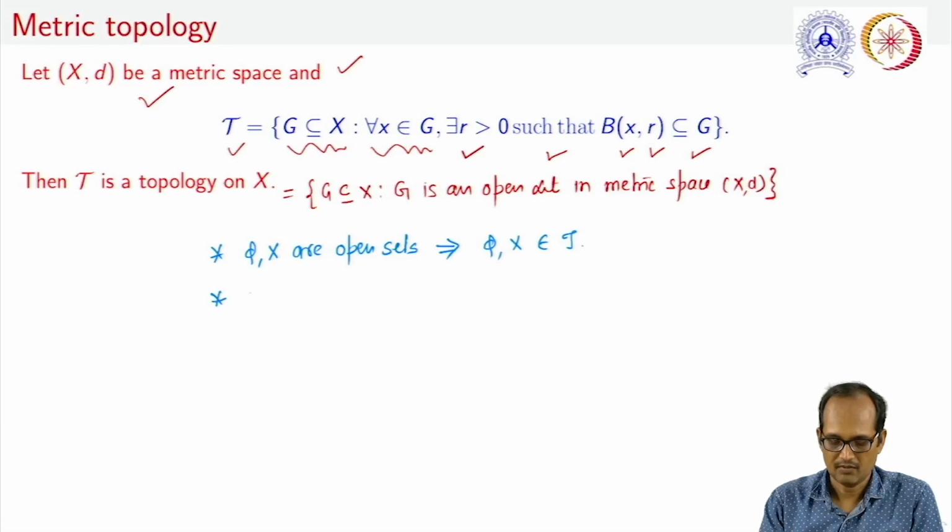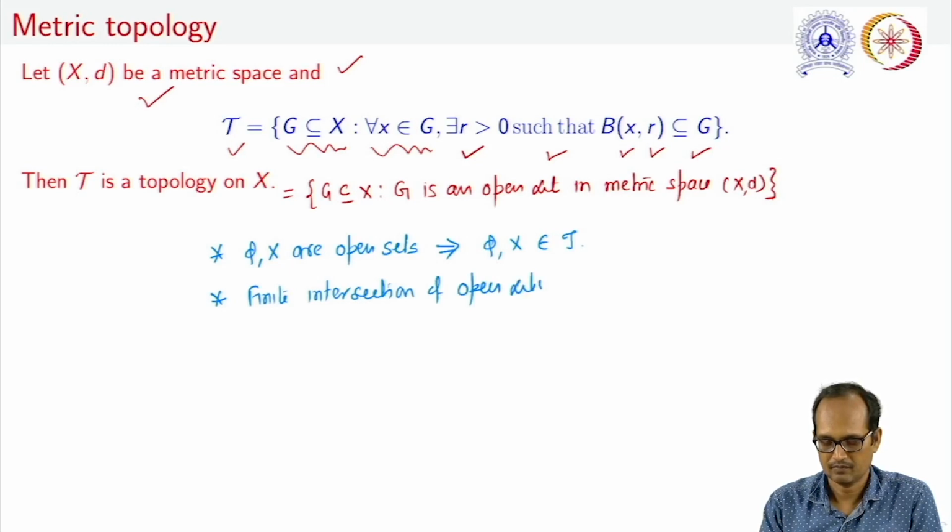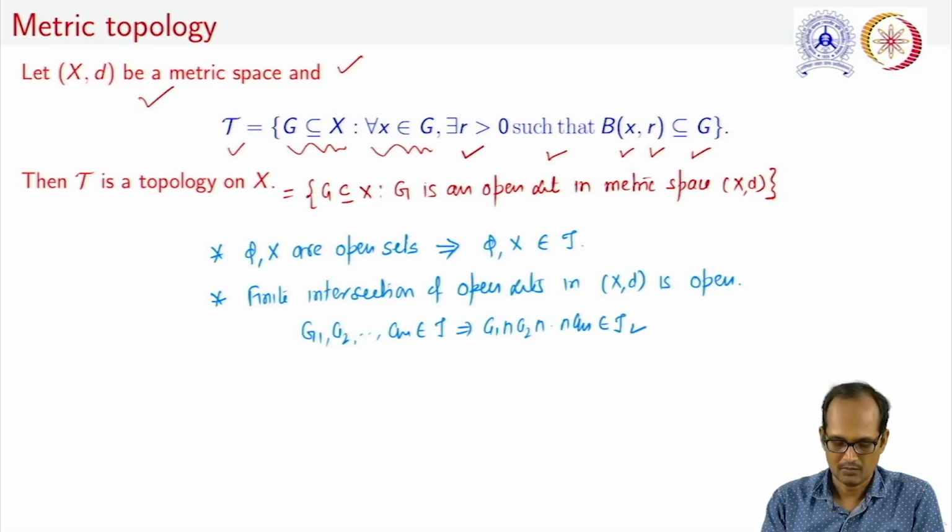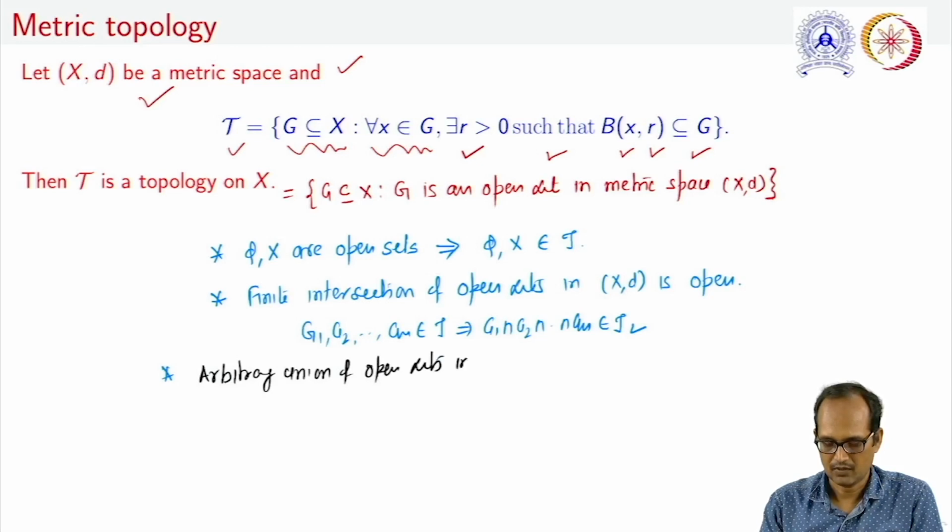We also know that finite intersection of open sets in metric space (X, d) is open. So from here we can conclude that if G1, G2, Gn belong to tau, then G1 intersection G2 intersection Gn also belongs to tau. We also have seen that arbitrary union of open sets in (X, d) is open.